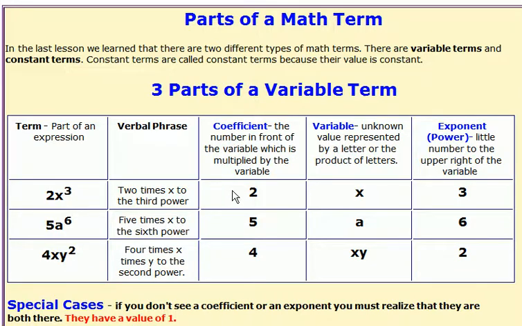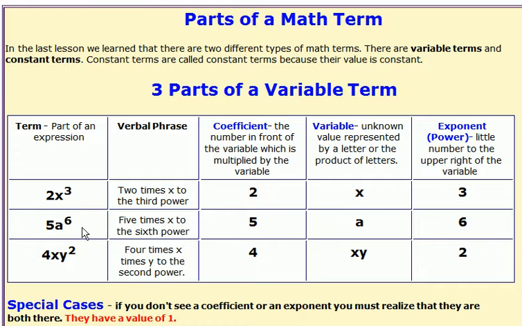Now, the number in front of the variable, the 2, is what we call a coefficient. Okay? So I've put the definition here for you. Then we know already that the variable is x and that the exponent is 3. So that's going to be the little number to the upper right-hand corner of the variable. We also call an exponent a power, and you want to know that those words are interchangeable.